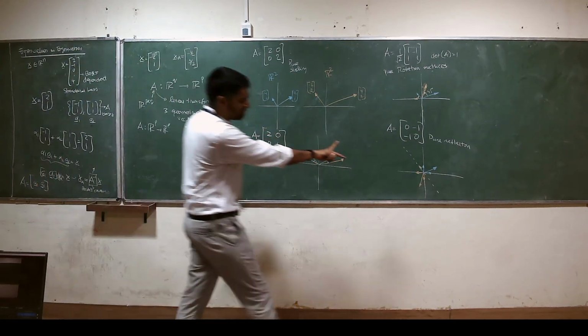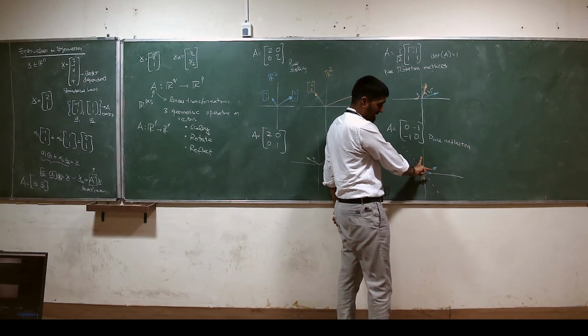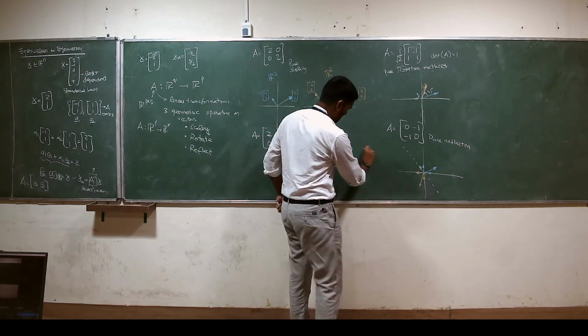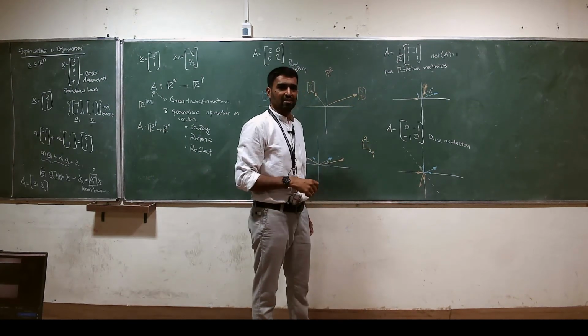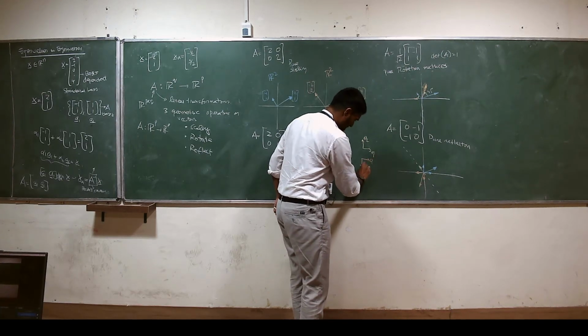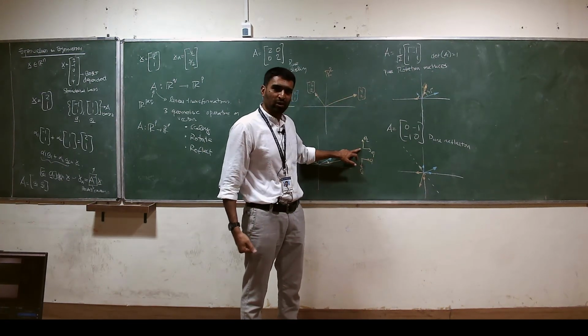See, even here it's easy to see. For example, if I take this, okay, this is E1, this is E2. Let's say this is the right-handed coordinate system. The left-handed coordinate system would be, there is no rotation you can do to E1, E2.